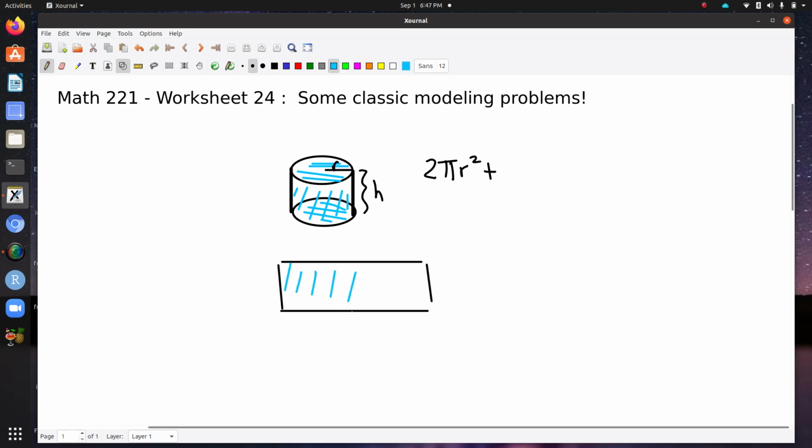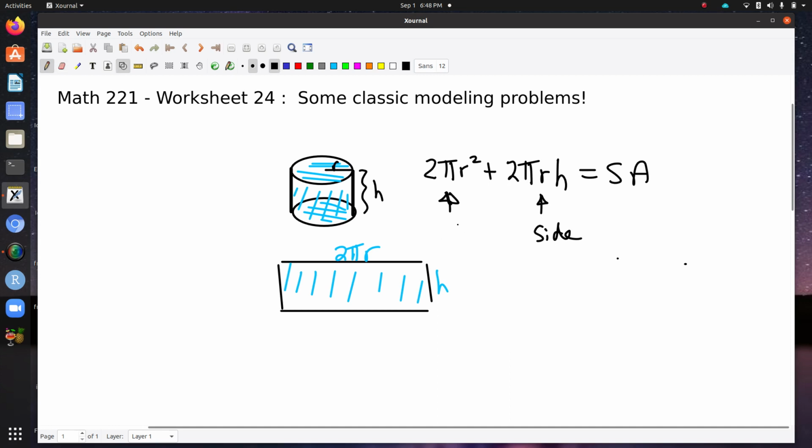I think you'll agree that it has to be the circumference of the circle, which is 2 pi r, times the height. So it's plus 2 pi r h. Okay? That is going to be the total surface area. That's the two lids, and this is the side.